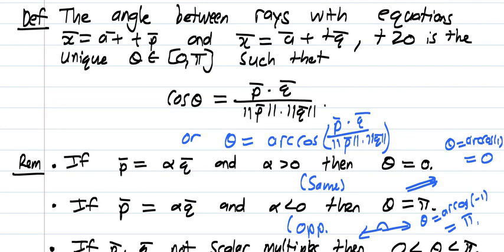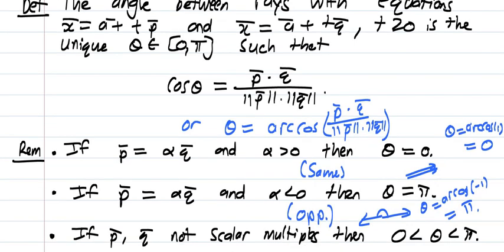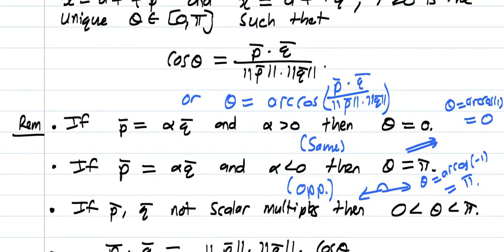All right? So our formula agrees that if we have two rays going in the same direction, the angle is 0. And if the two rays are in opposite direction, then the angle between the rays is indeed pi. Now, if p and q are not scalar multiples of one another, then the angle will be between 0 and pi. All right?